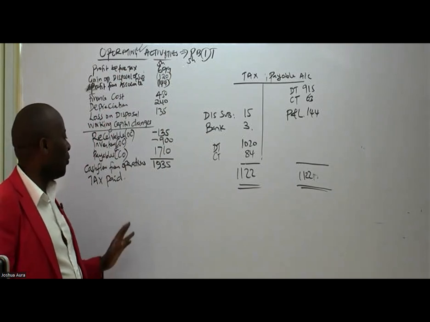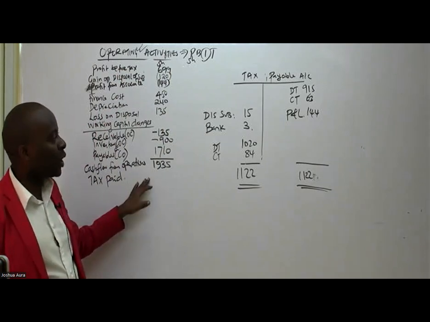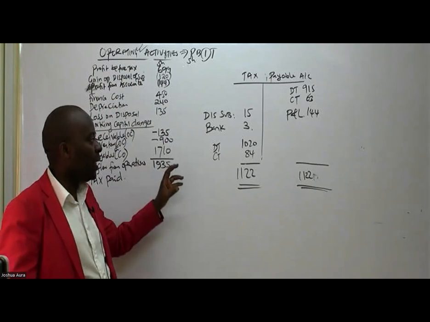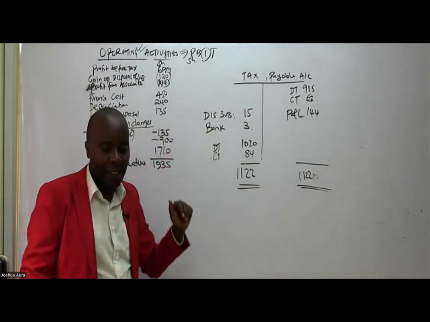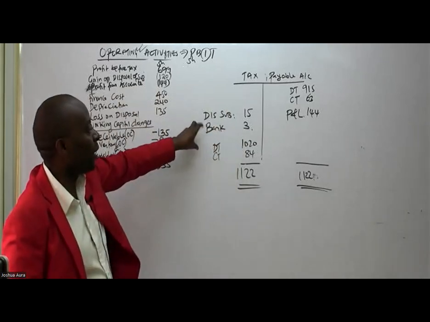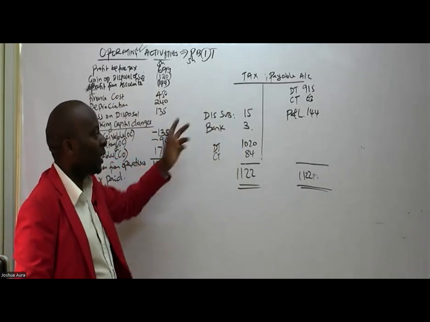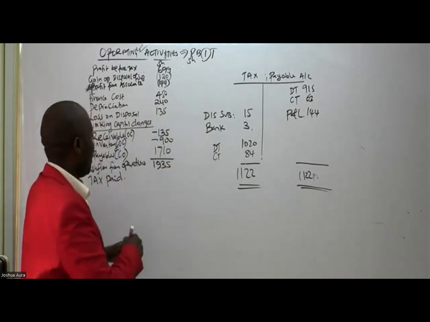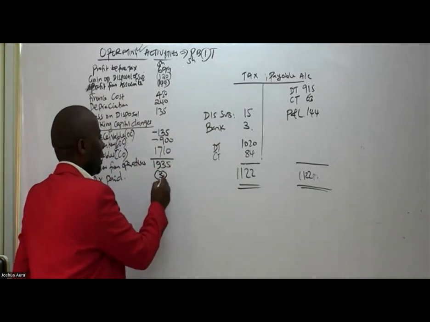Now from there, I would want a working for the tax paid. The tax cash paid here, we have done our arithmetic there, and we have realized that we paid the tax over to the bank. Remember, cash flow, we're only taking things touching on the bank and cash. So in this case here, less tax paid, which is 3, it's a cash outflow.